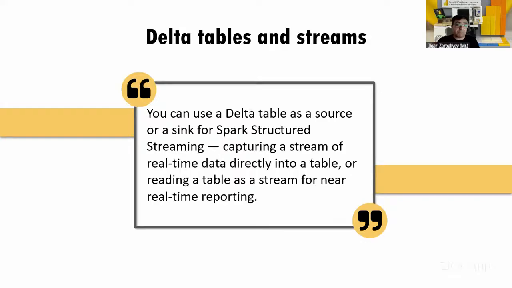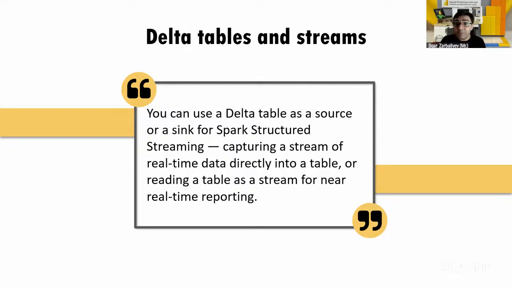In both places. You can use a Delta table as a source or as a sink for Spark Structured Streaming. As a sink, you could capture a stream of real-time data from an IoT device and write that stream directly to a Delta table.